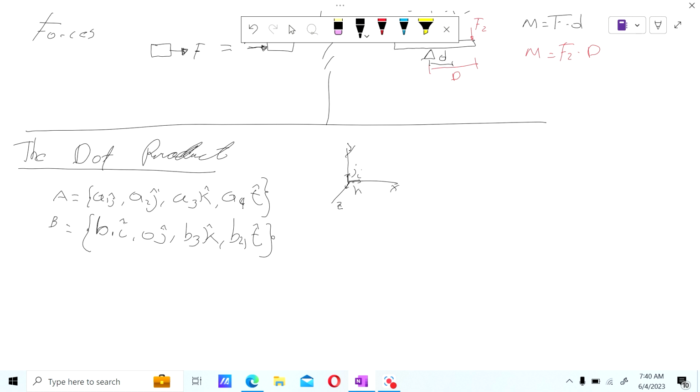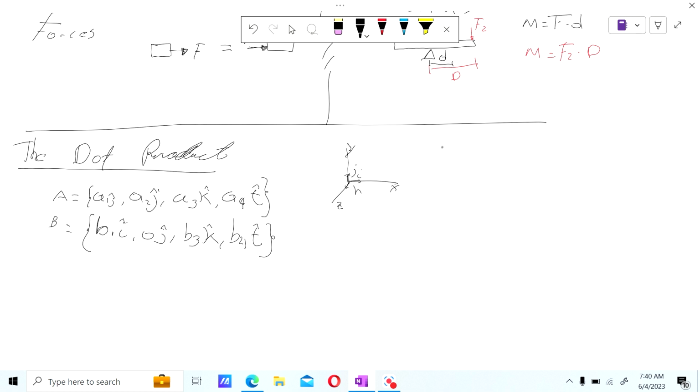X and I are parallel, J and Y are parallel, Z and K are parallel. And there's another fourth direction, which is T, which we will have to find out how to draw for dimensions, but there's another one which is T hat.